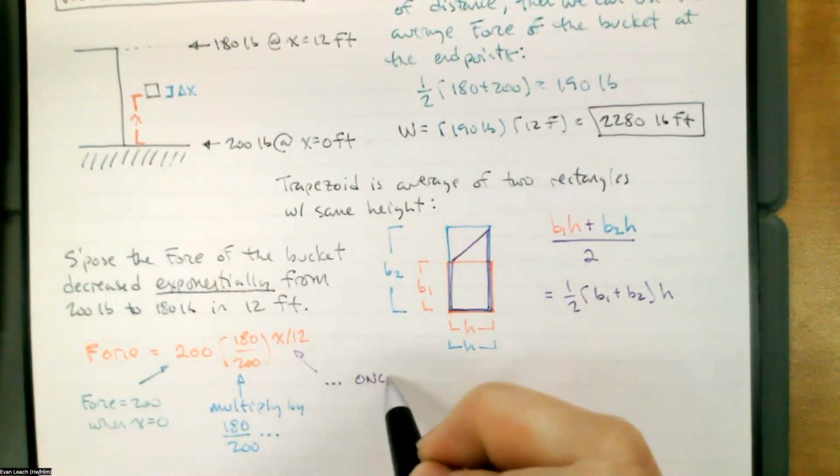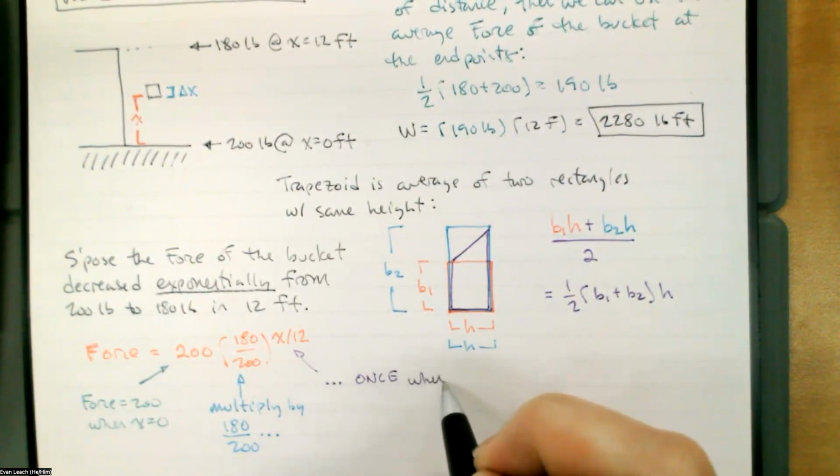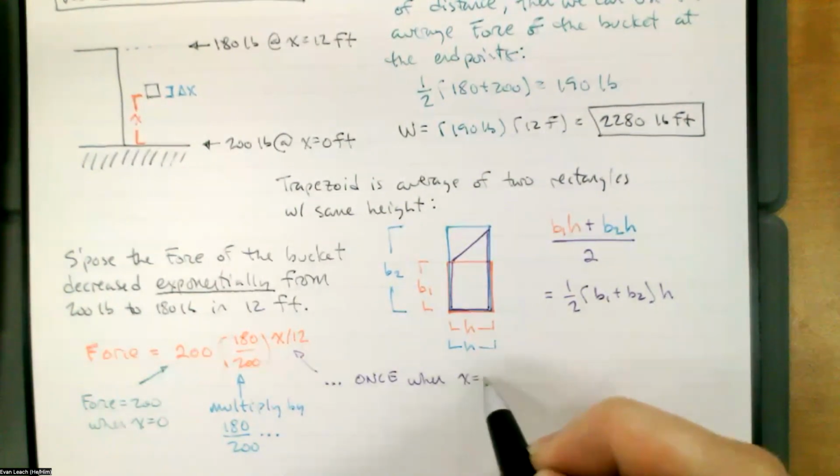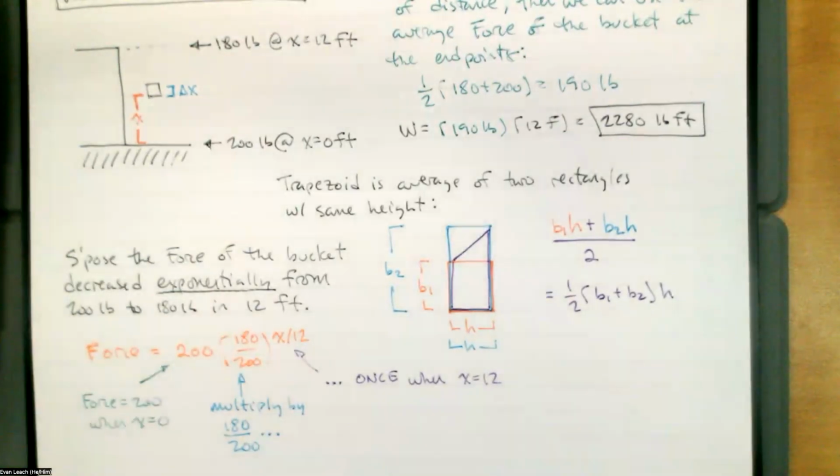Once, when x is equal to 12. Notice that when x is equal to 12, that exponent is 1, which means we multiply by 180 over 200 one time.